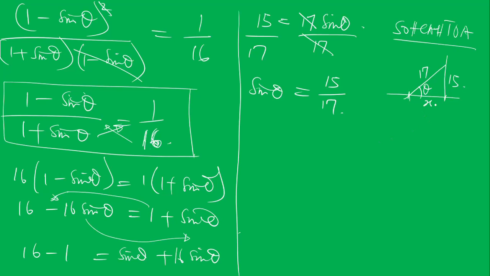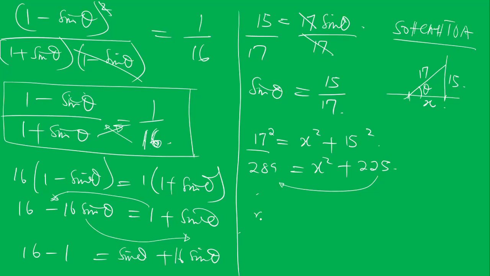Let's call this x. By Pythagoras theorem, 17 squared is equal to x squared plus 15 squared. So 17 squared is 289, which is equal to x squared plus 15 squared, which is 225. So we'll move this to the other side.